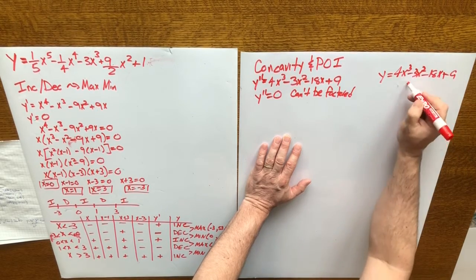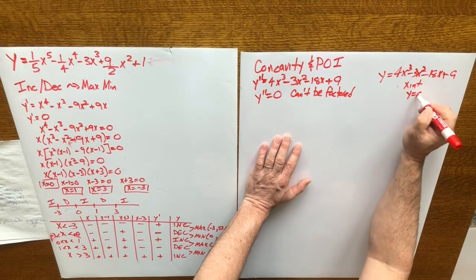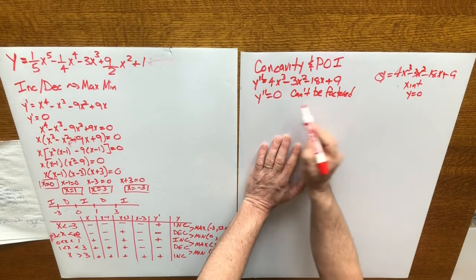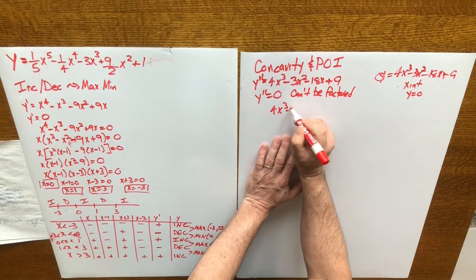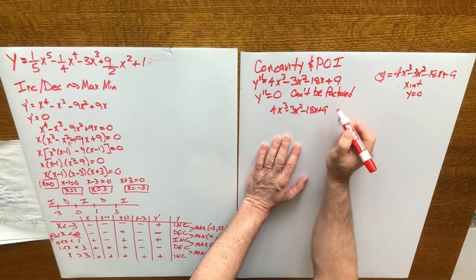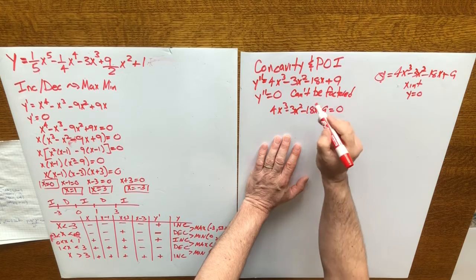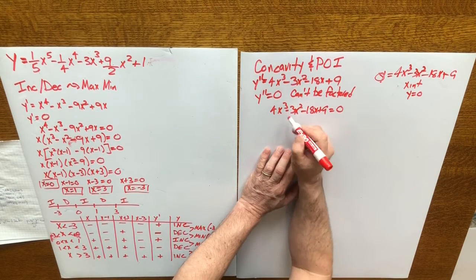And when I graphed it, I found the x-intercepts. And the x-intercepts represent when y equals 0. So you're really doing the same thing here. So 4x cubed minus 3x squared minus 18x plus 9 equals 0. Couldn't factor it, graphed it on Desmos, found these critical numbers.